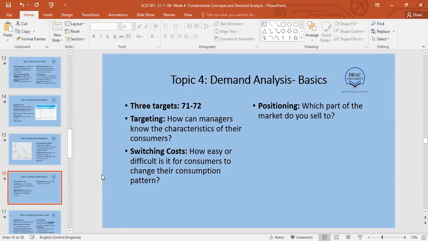For example, I start importing cars that run on batteries. Okay, and the batteries are guaranteed for 2 years. So these are hybrid cars. That's a great advantage because I don't have to worry about pumping in fuel or gas after a certain period of time.